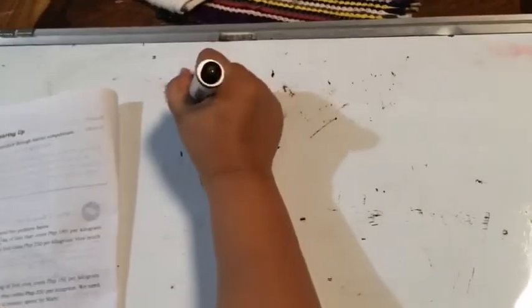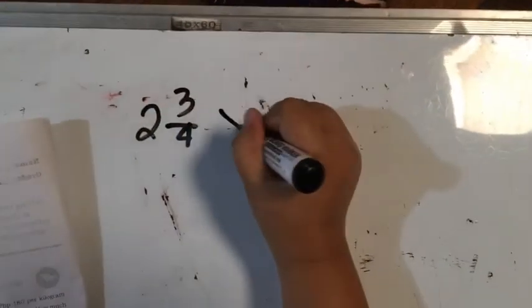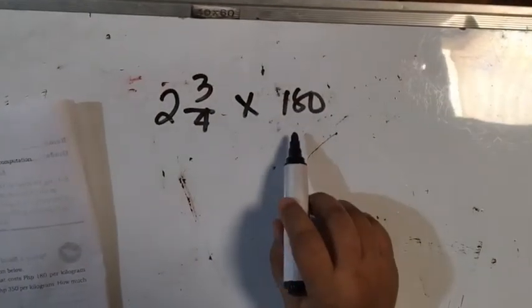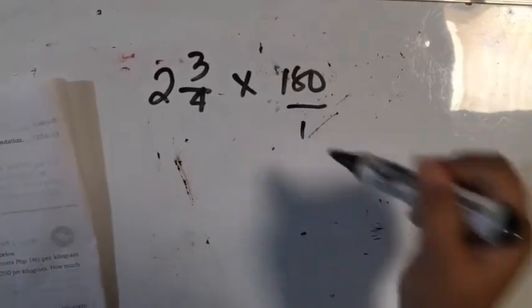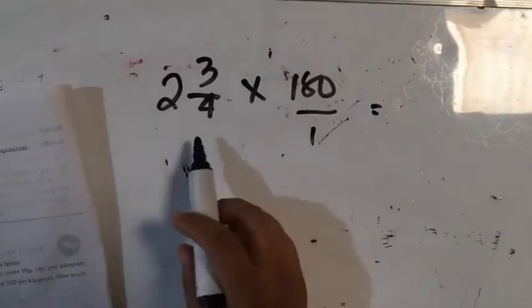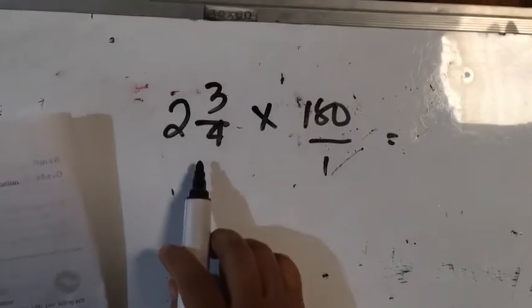First is fish. So that is 2 and 3/4. You're going to multiply that with 180. So 180 is a whole number. Automatic, pag whole number, that is over 1. Okay? So you're going to multiply now. Look, as I've said, a mixed number, you cannot directly multiply that.